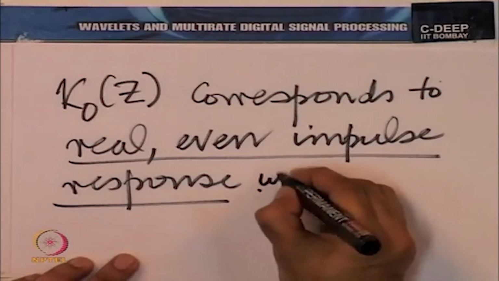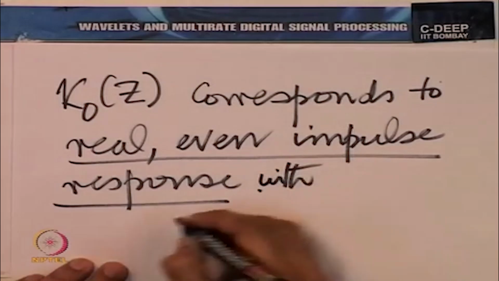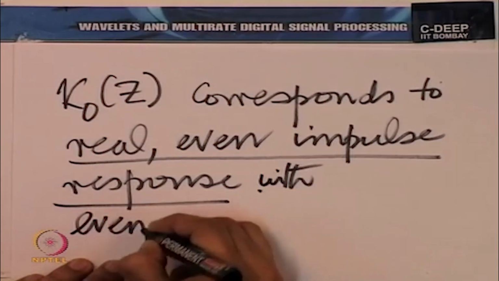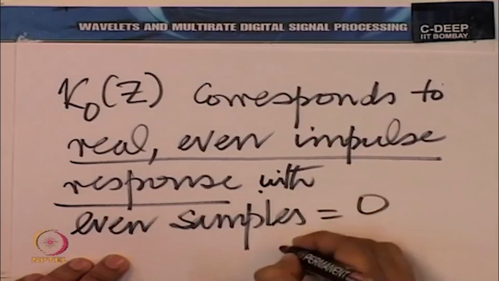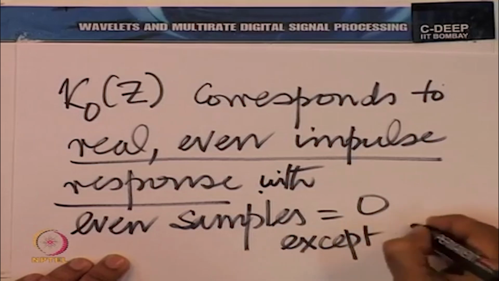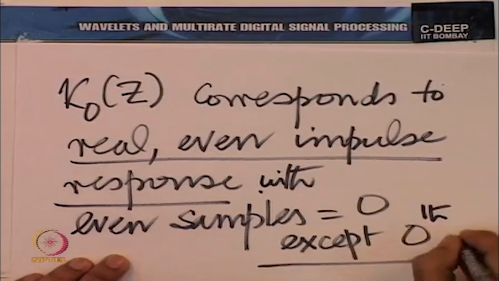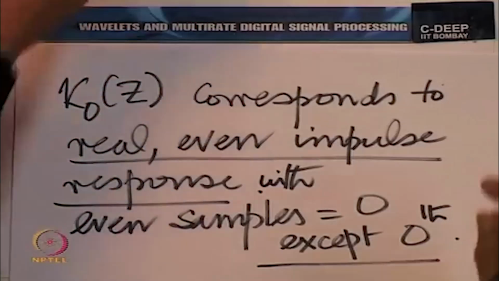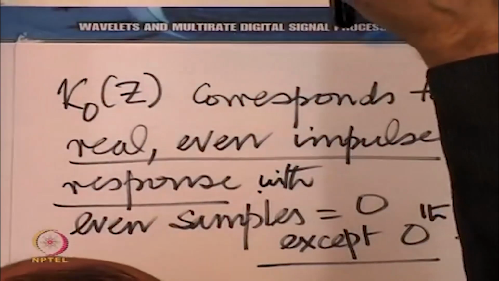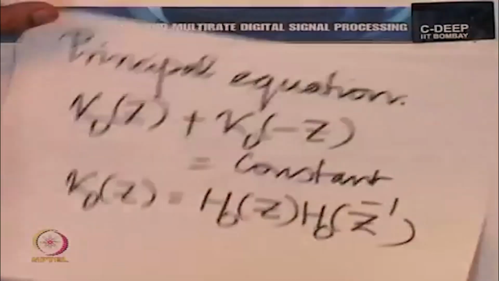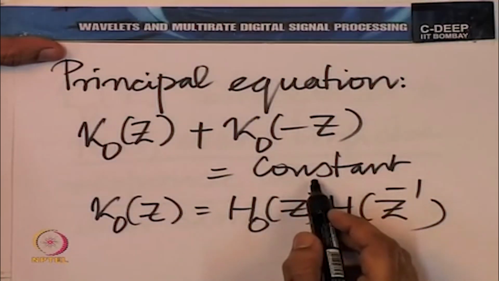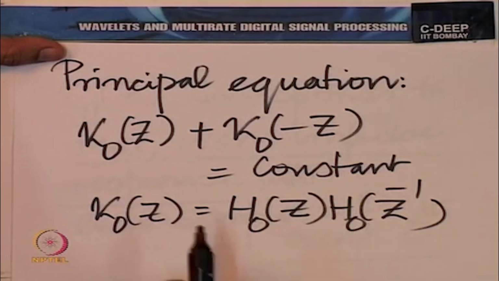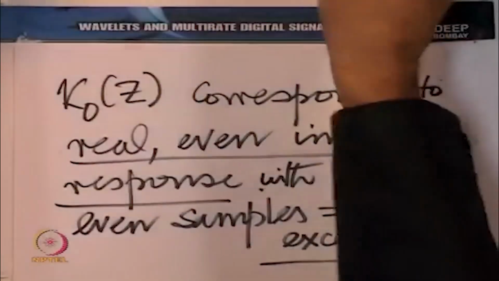The constraint that even samples must be 0, except the 0th. So, you know, this equation that we had here, kappa0(z) plus kappa0(minus z) is a constant, essentially says the even samples other than the 0th sample are all 0.